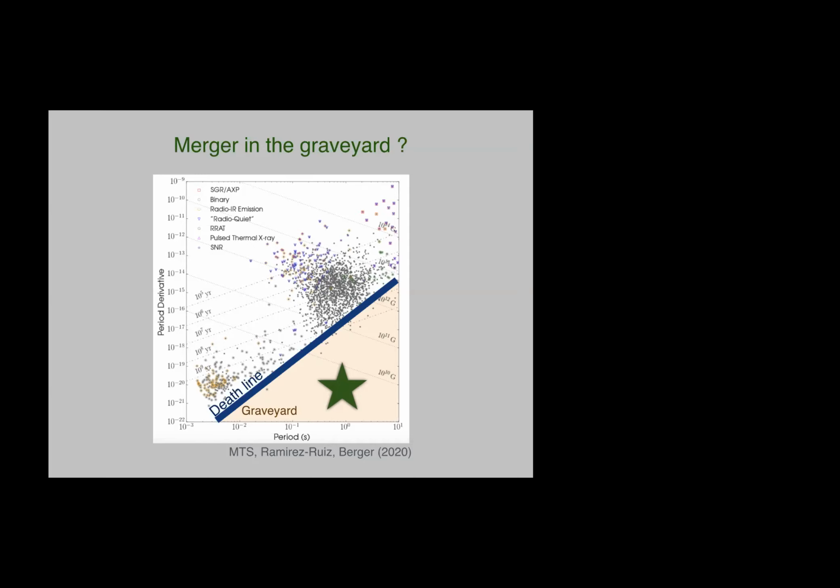We are still thinking about this, but it's very difficult to explain this system otherwise, and the main challenge is the measured rate. Although it is one system, we have to wait for more data. But if this scenario holds up, and O3 and O4 basically confirm this picture, then we really need to rethink the assembly of neutron star binaries.